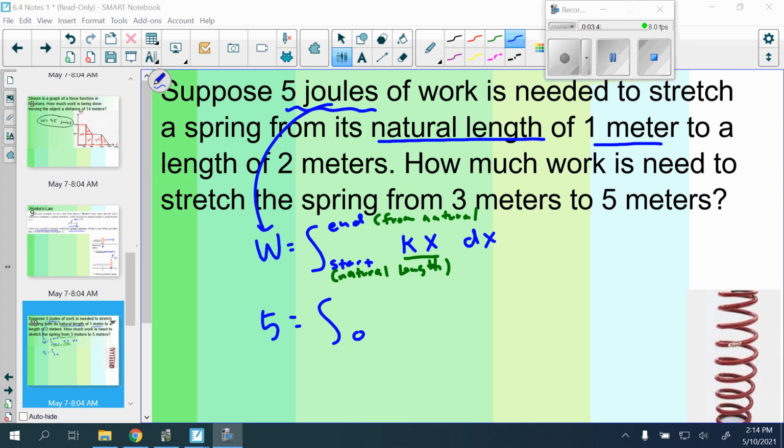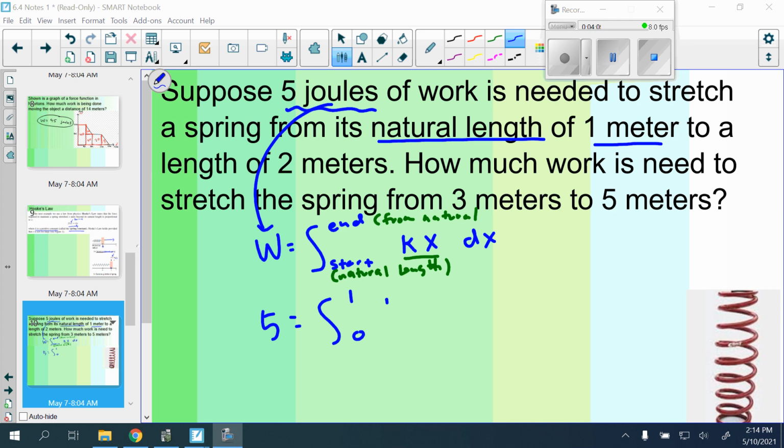If the natural length is 1 meter and it's stretched to 2, that means we've stretched it 1 meter. So this would be from 0 to 1, because that's how far it got stretched, 1 meter there.